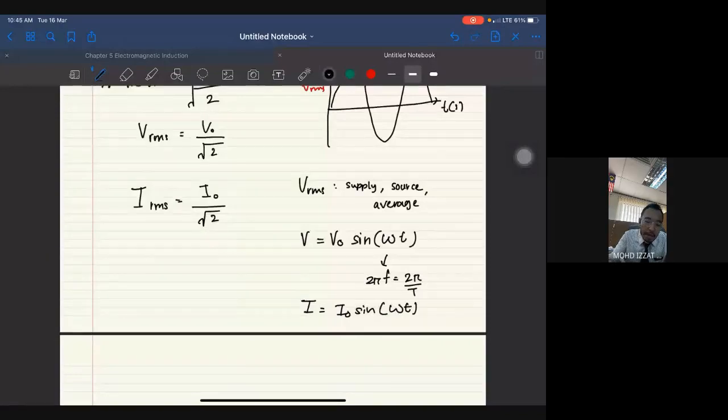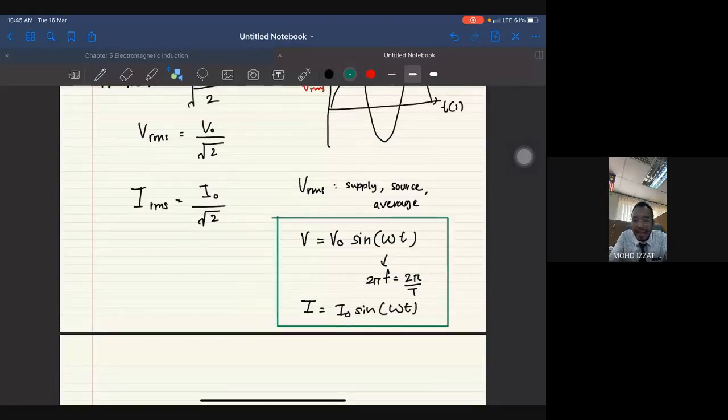Okay. And you might have to use this one if the question asks you to find voltage and current at a specific time.